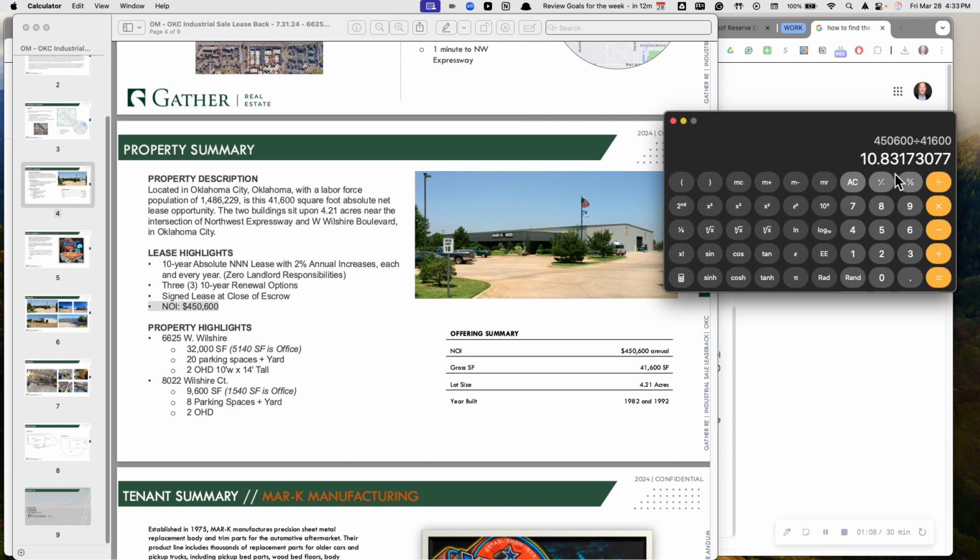Now what you want to do is look at this rent compared to the comparables. I sent that to you in an email. If you open up the comparables, you'll see that the average rent in that size of a building and at that age of the building, this was 1992 and 1982, is closer to $7 a foot.